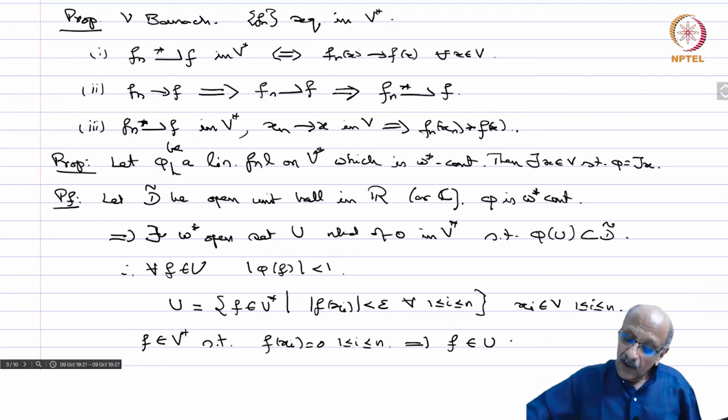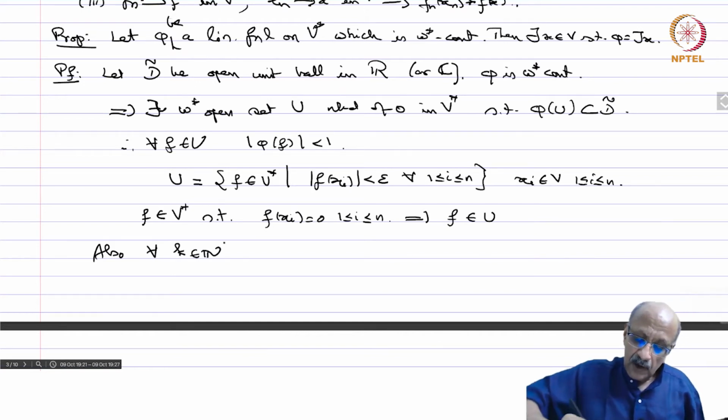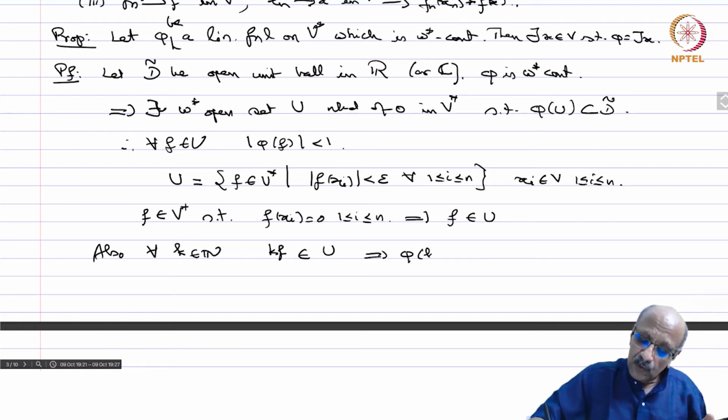And then also, for every natural number k, k times f also belongs to U, because k f of xi is k times f of xi, and that also belongs to U. And this implies that mod phi of k f is less than 1, so mod phi of f is less than 1 over k.